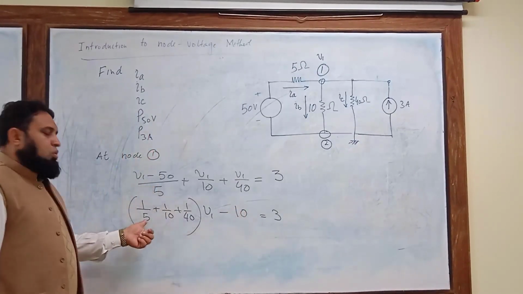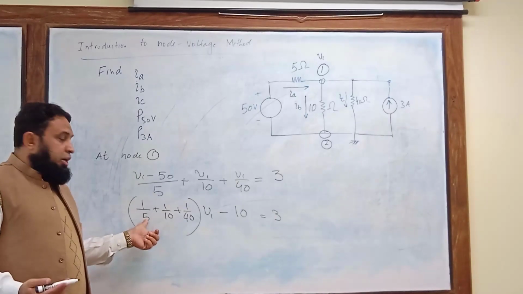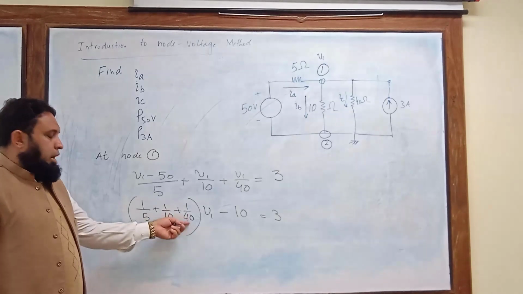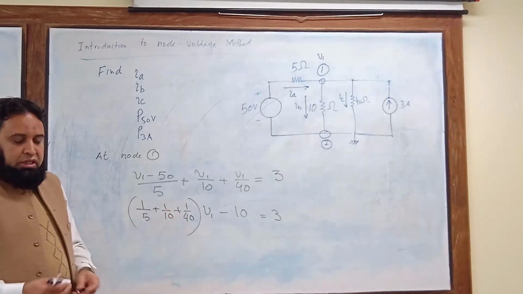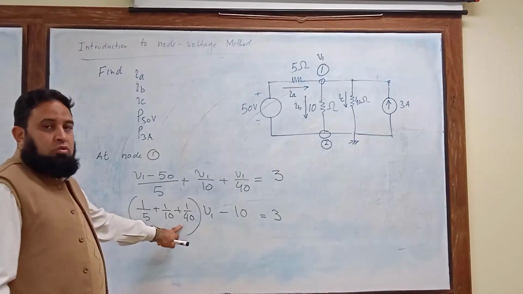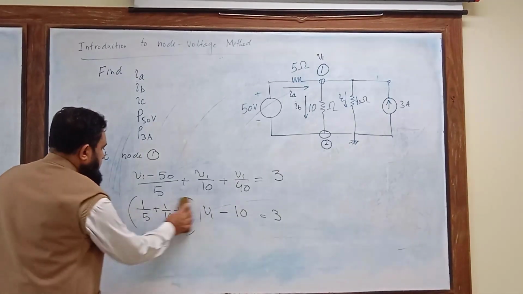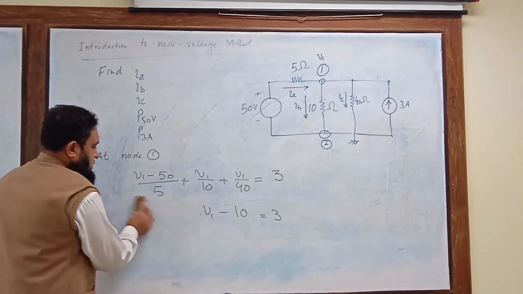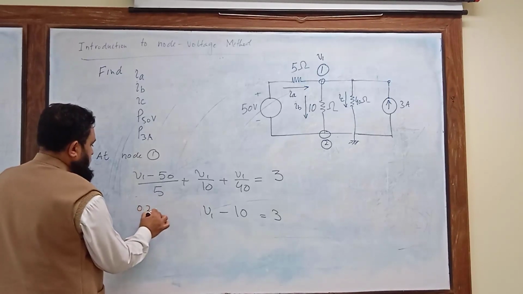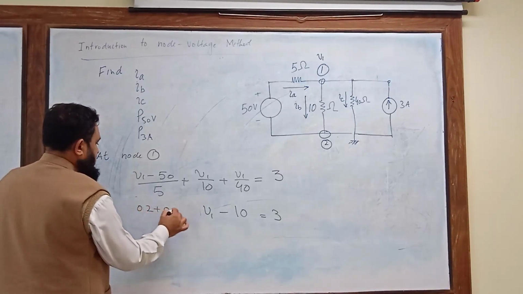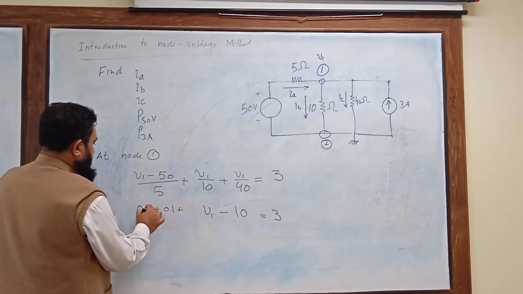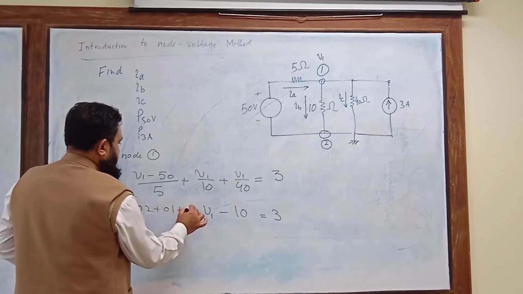And look here, 1 divided by 5 is 0.2, 1 divided by 10 is 0.1, and 1 divided by 40 is 0.025. So you can simply write 0.2, 0.1, and 0.025.